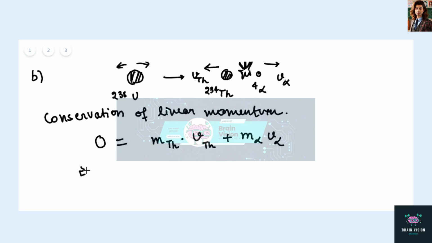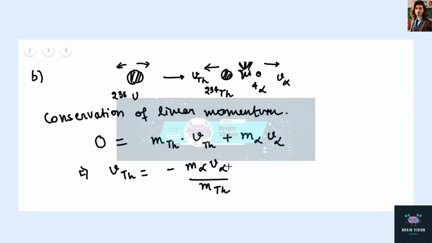We need to find V thorium, equal to minus, if you just rearrange this, oh, that seems wrong. Okay, M alpha V alpha and thorium. Let's keep this here.